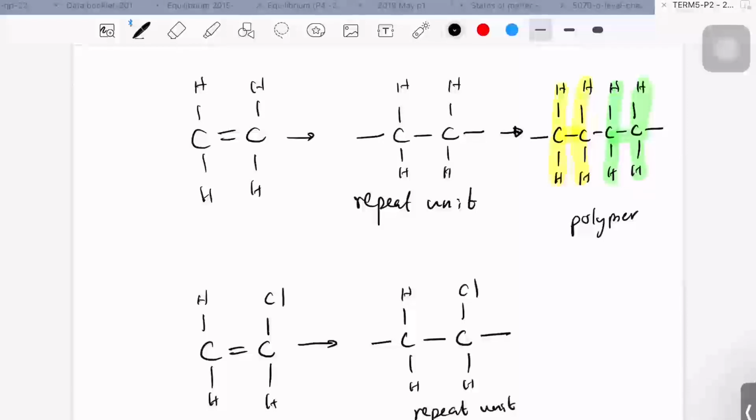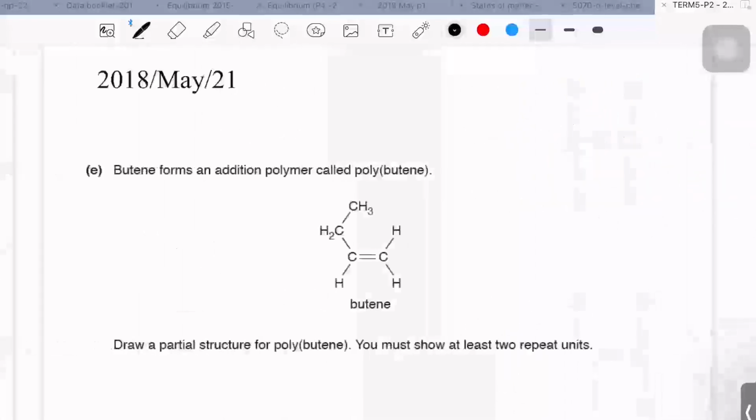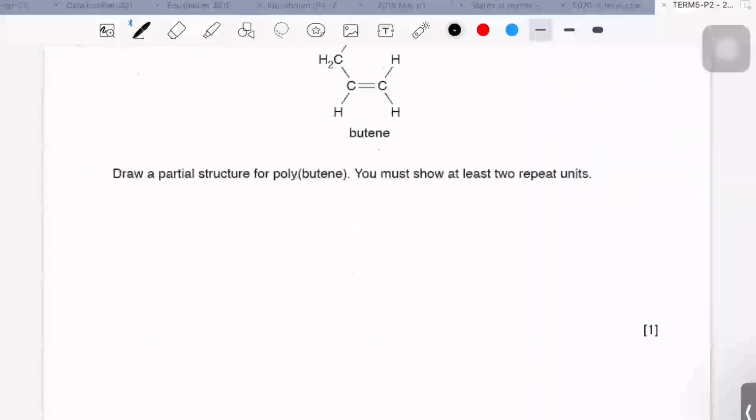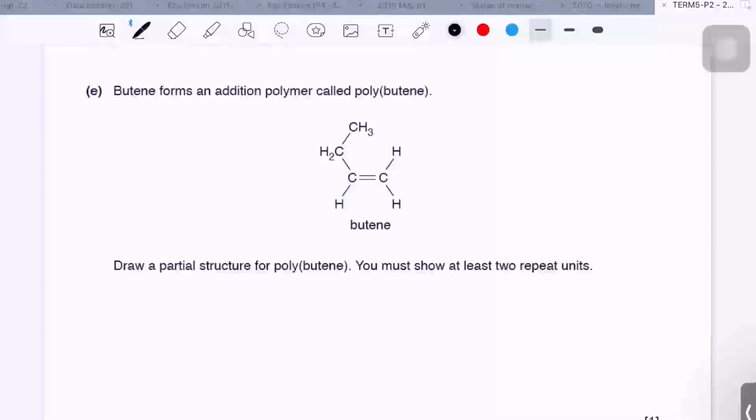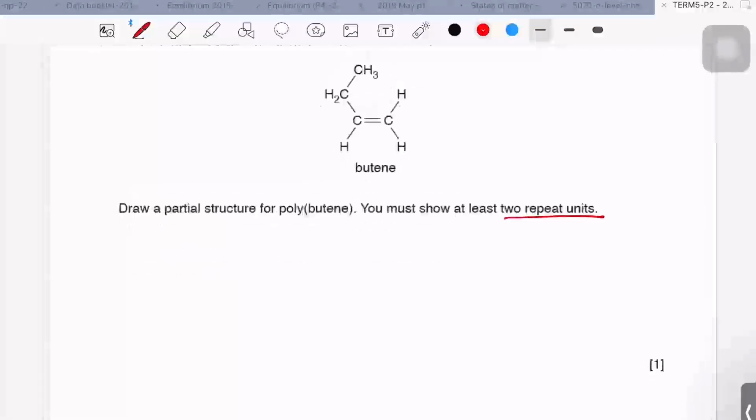Right? Now we go to this question. Butane forms an addition polymer called polybutane. Draw a partial structure of polybutane. You must show at least 2 repeat units. Now they have given the structure of butane.